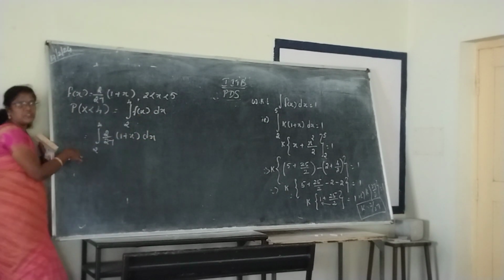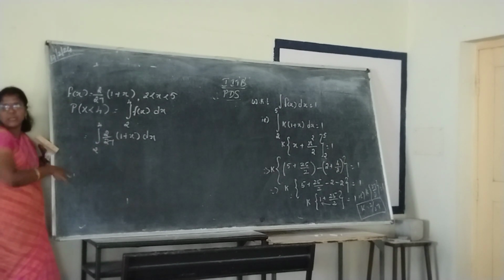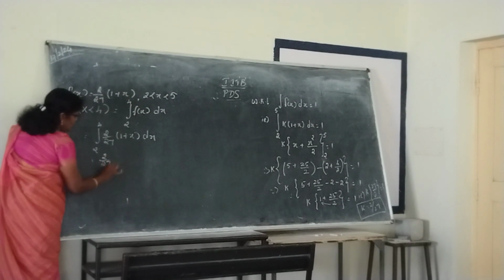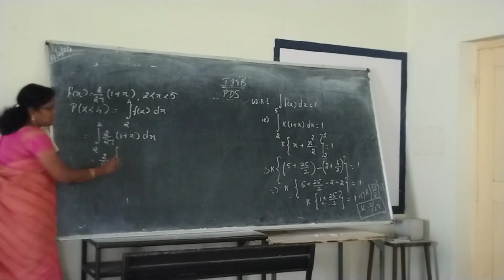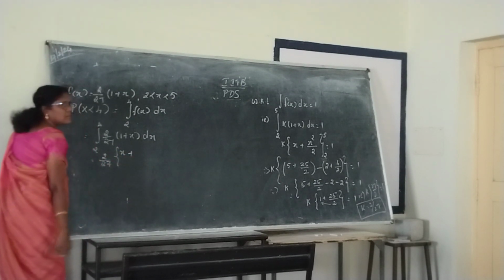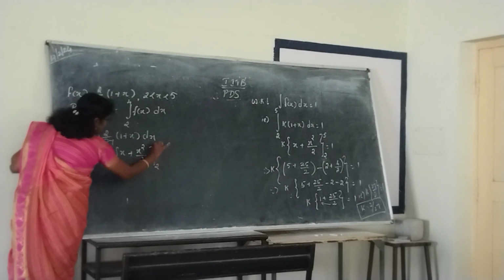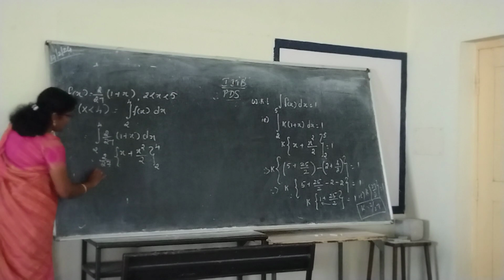The same k that we found, we are going to use here as 2 by 27. So take 2 by 27 outside. What is the integral of 1? x. What is the integral of x? x square by 2. Within the limit 2 to 4, substitute the limit values, upper minus lower.